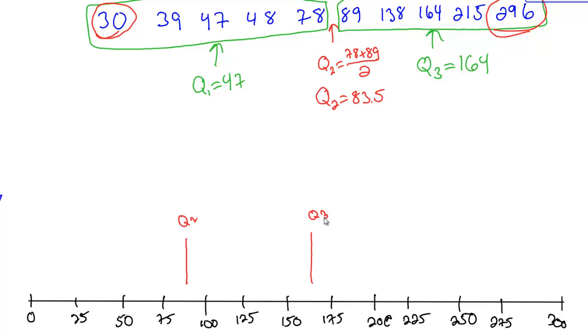Q1 is at 47. It's over here close to 50. Well, I made that a little bit long. That's okay. There we go. So here's Q1. And I'm going to draw that into a box. So here is the middle 50% of my data between Q1 and Q3.